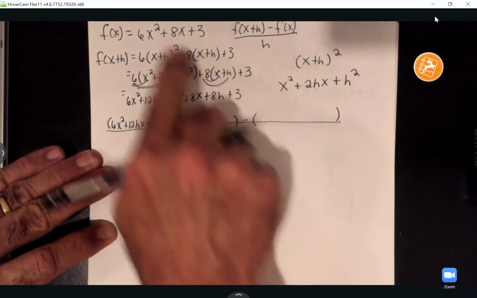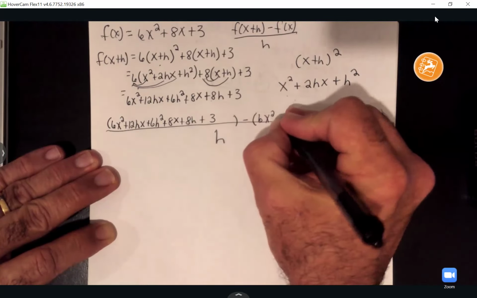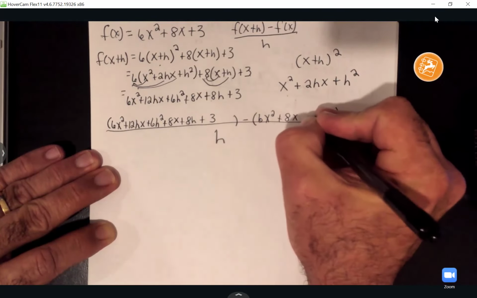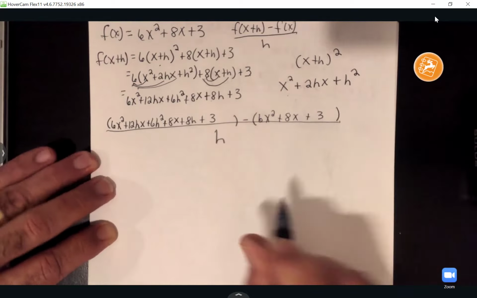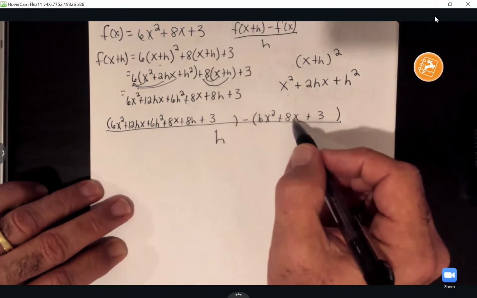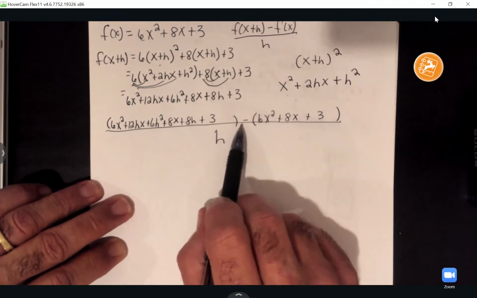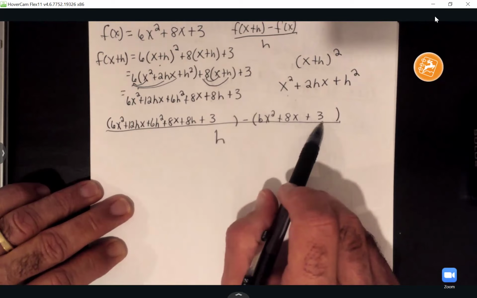F of x was what they gave me, 6x squared plus 8x plus 3, and then we got our h on the bottom. Now this one I'm not going to distribute because y'all listen, since all these are positive, that negative is going to make them all negative.